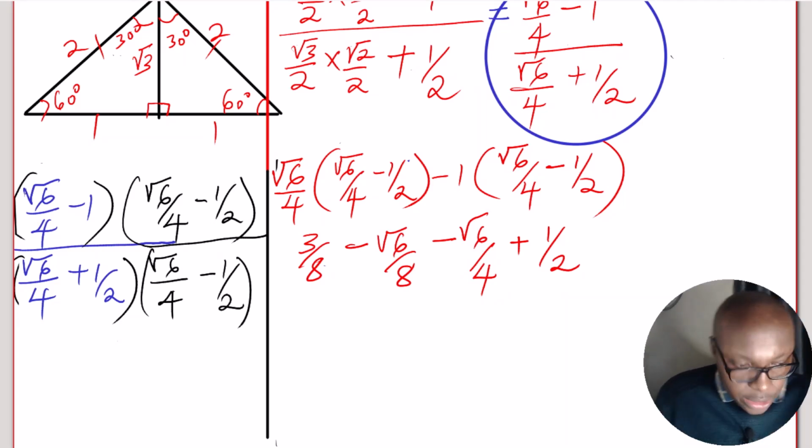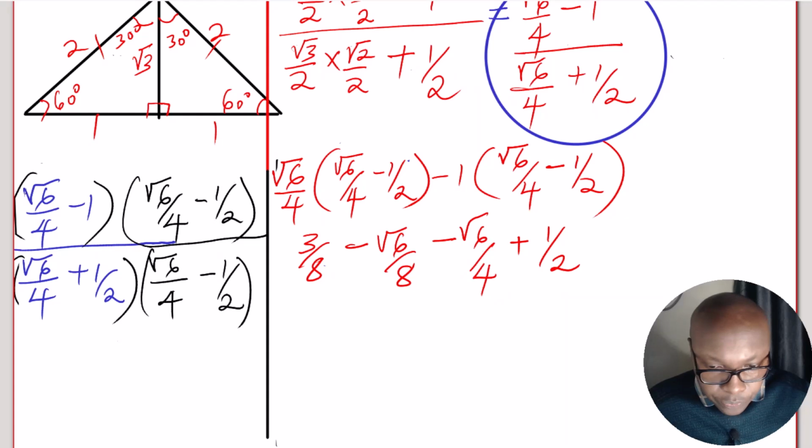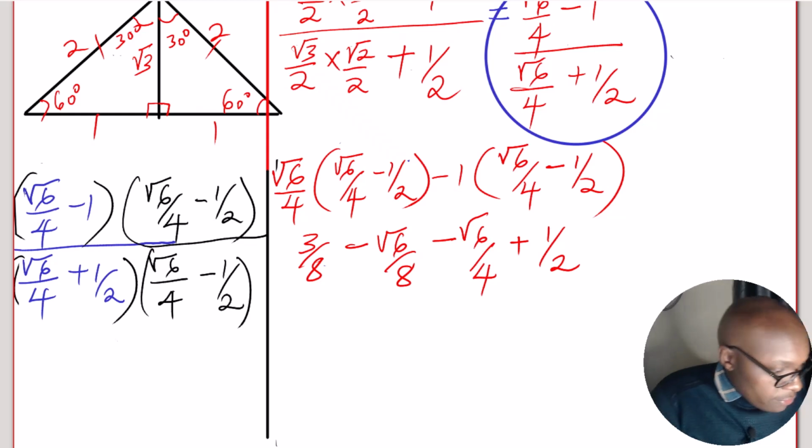So we just multiply out this. So 3 over 8 plus a half, that will give 7 over 8. And then negative root 6 divided by 8, then subtract root 6 divided by 4.